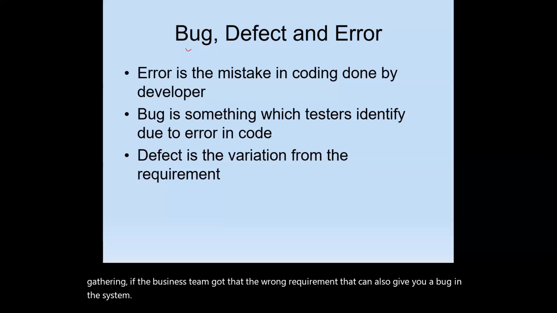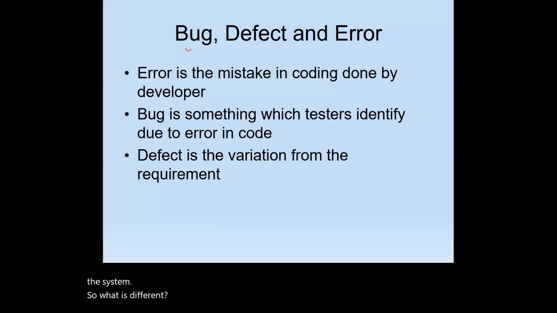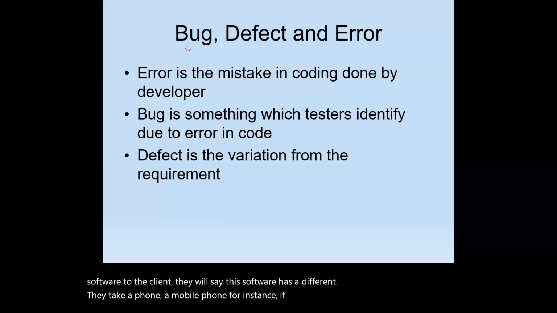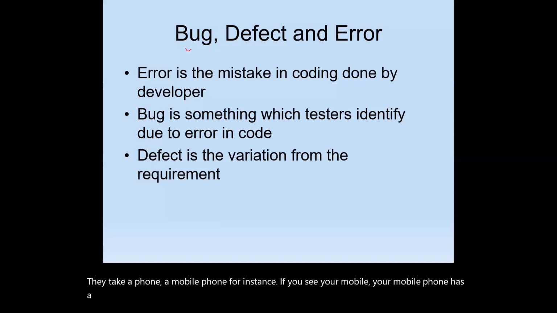So what is a defect? A defect is a variation from the requirement. When you are giving software to the client, they will say this software has a defect. Let's take a mobile phone, for instance. If you say your mobile phone has a defect, what does that mean?